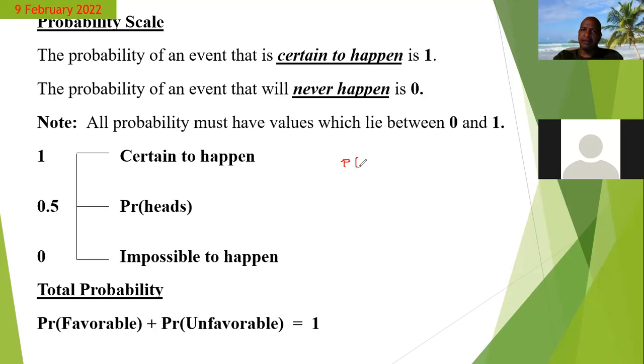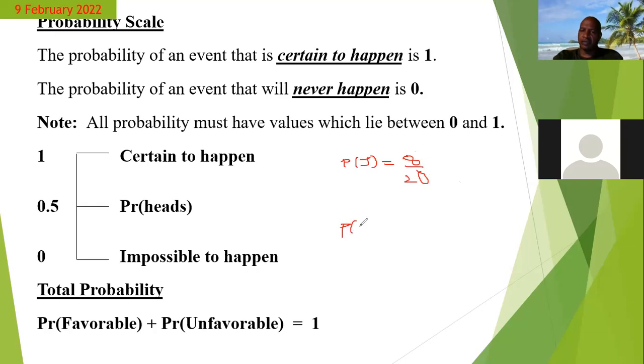So the probability of a Julie would be 8 out of 20. Now suppose I ask, what is the probability of not Julie? 12 out of 20, sir. So we would minus the 8 from the 20.